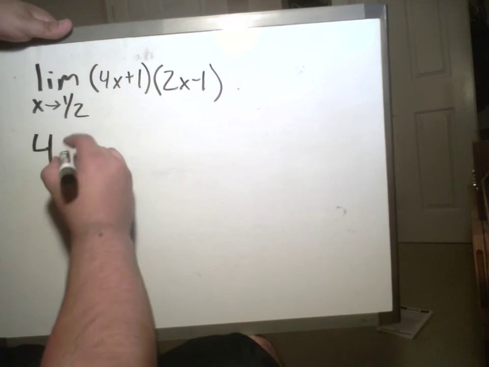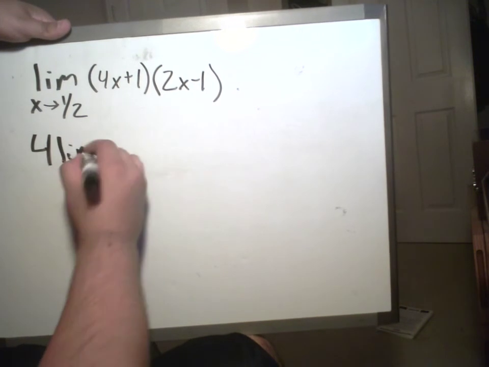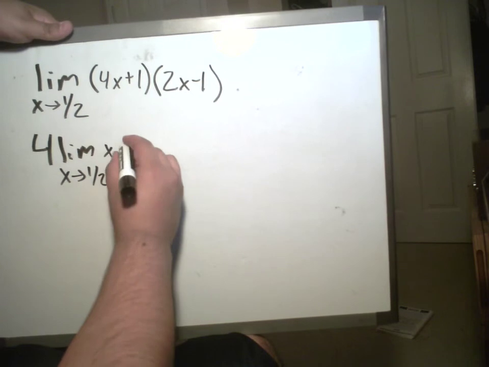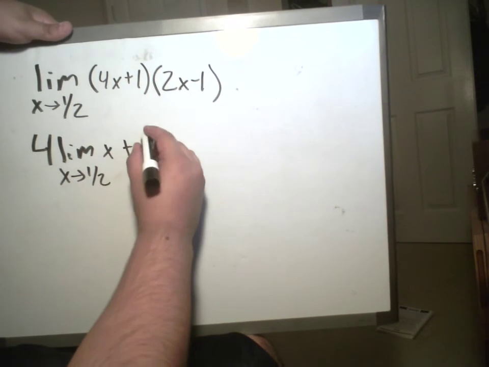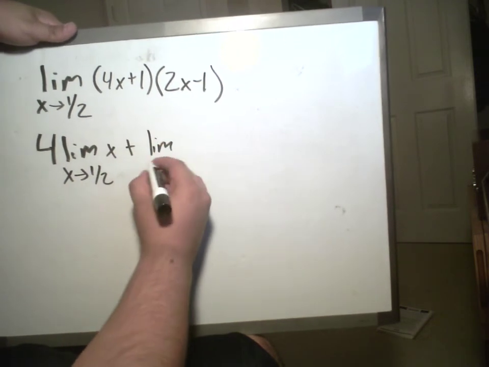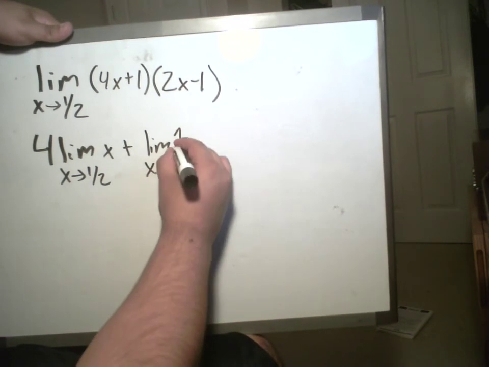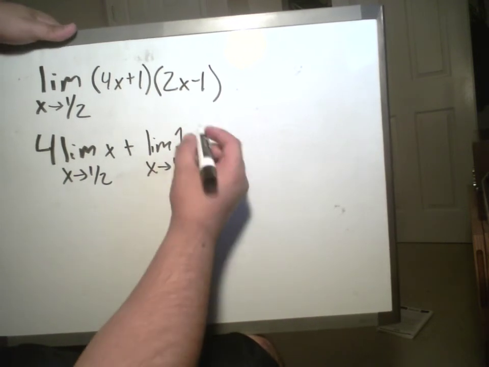I'm going to say 4 times the limit as x goes to 1/2 of x plus the limit as x goes to 1/2. Remember, we could put a 1 right there, which there is technically one.